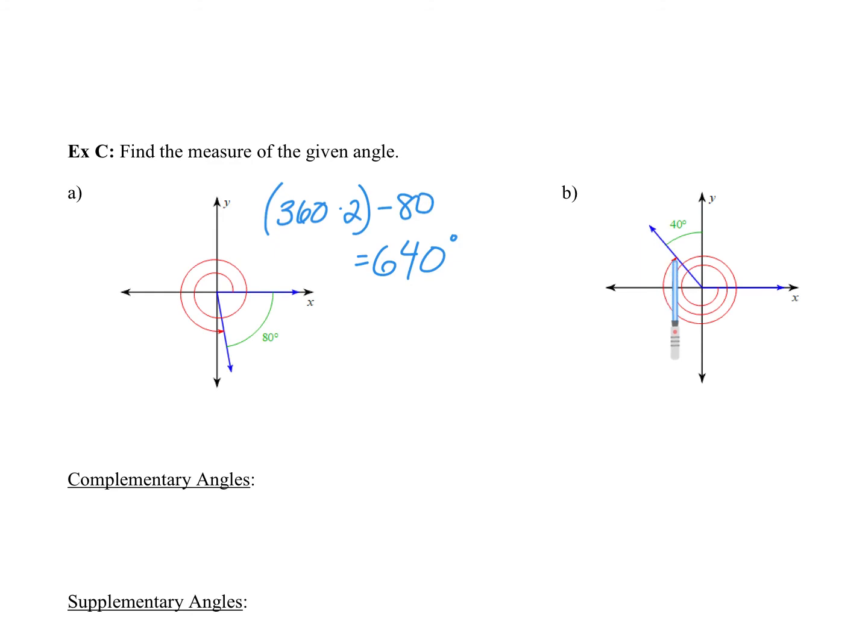That's how I thought of this one. So I had my 360 twice, plus, I'm running out of room, plus my 180, plus the 50 to get me where I landed. So I get a negative 950.